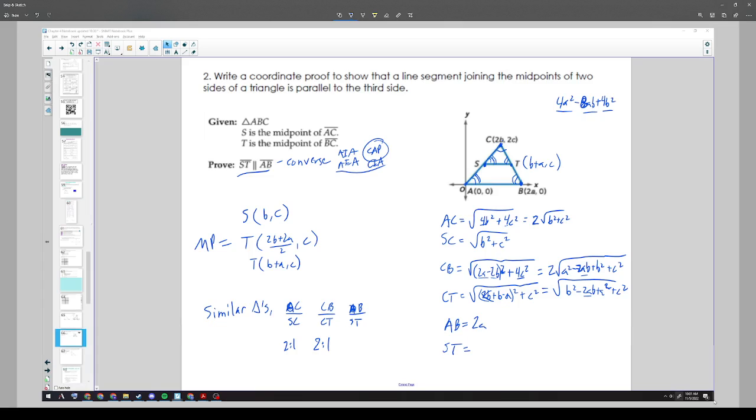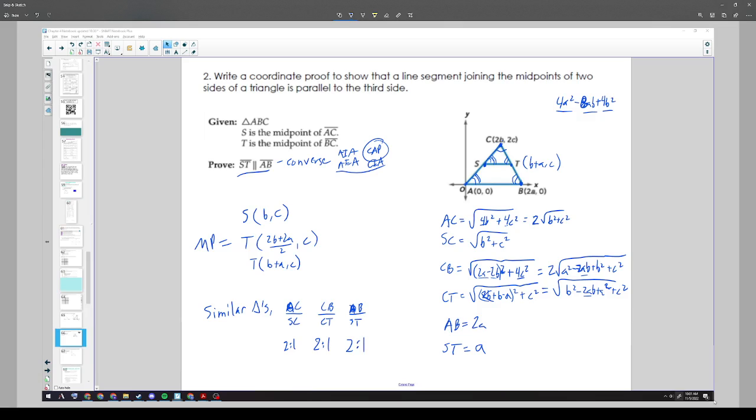So ST, basically we just subtract. So the y distance is 0. The x distance, we went from b to b plus a. So the distance between those is just a. So again, we end up with a nice ratio of 2 to 1.